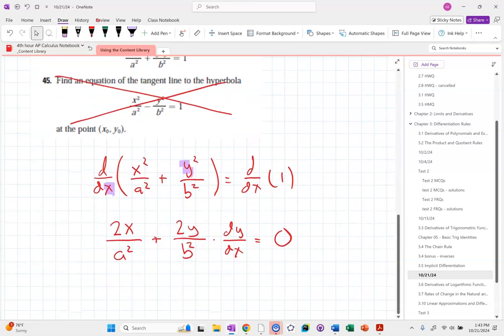So if I want to get the dy dx by itself, I will subtract the 2x over a squared from both sides. Oops.